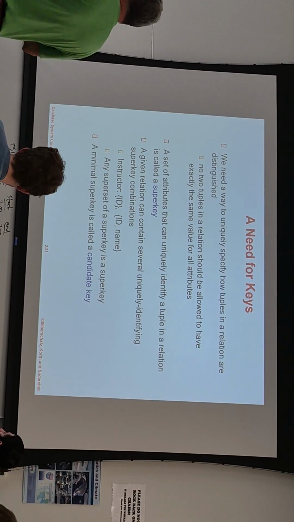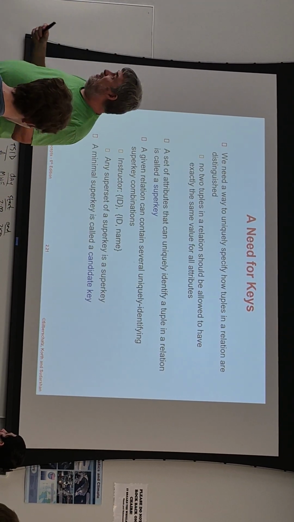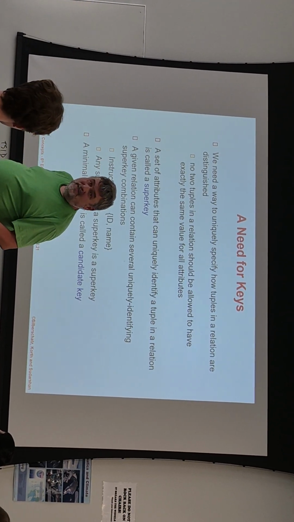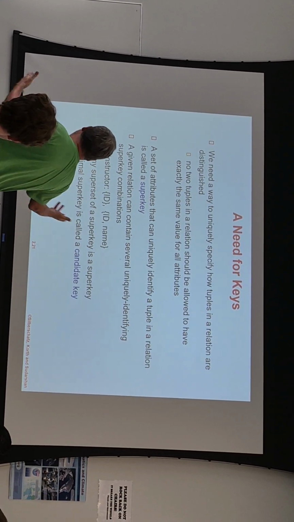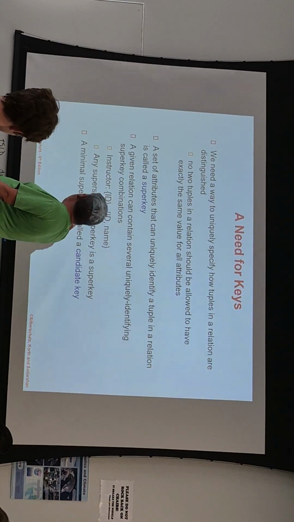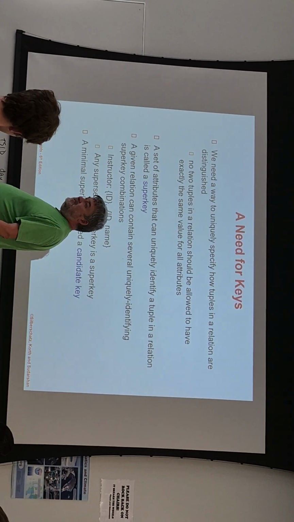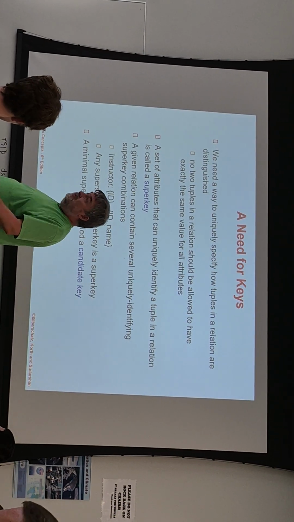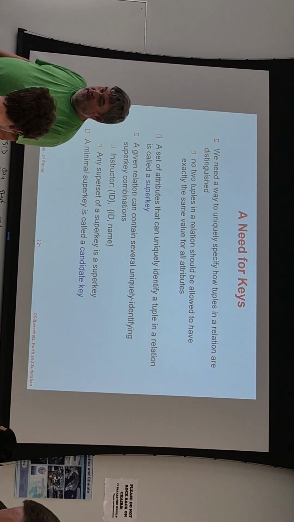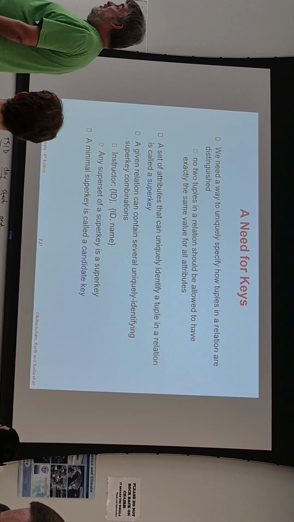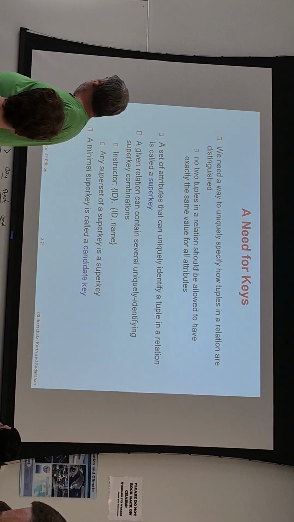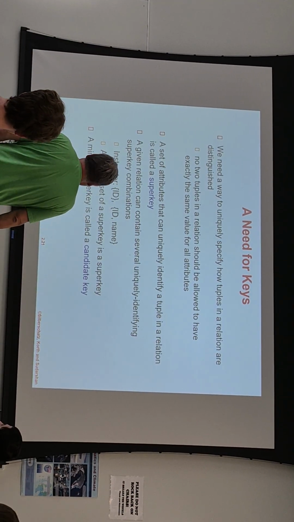But we care about minimal super keys, right? If we're going to want to identify unique values, we want to use as few columns as possible. If we had a choice between these two, we would probably choose this, even though this technically also applies. I'm not going to click and shift-click on two fields if I know that the first field is already unique.